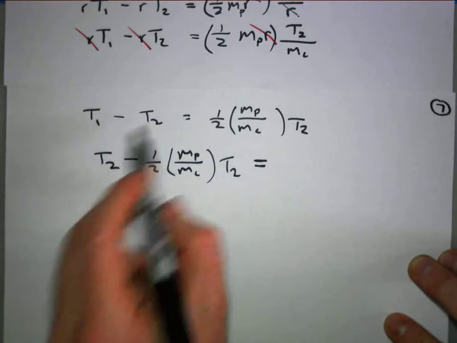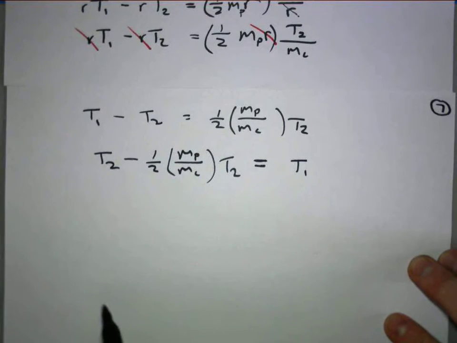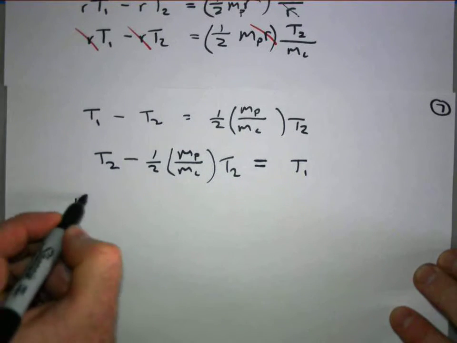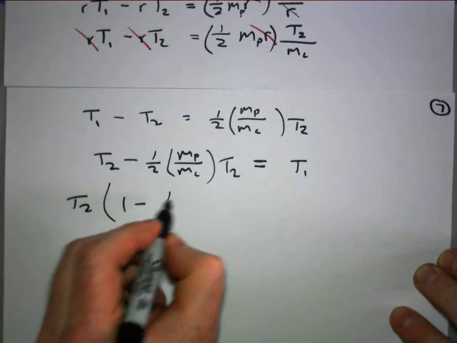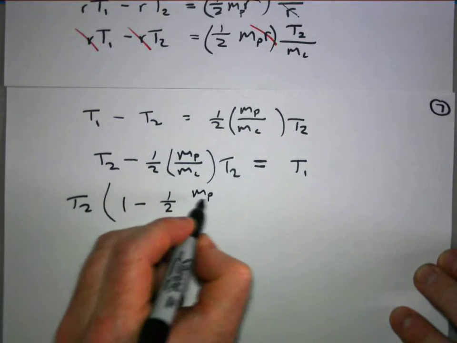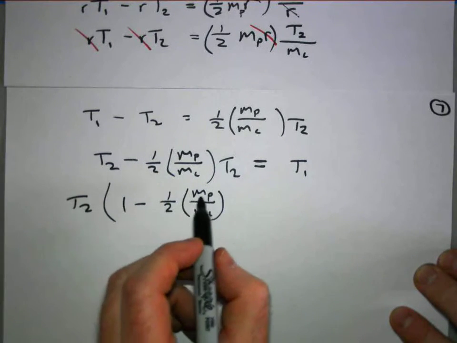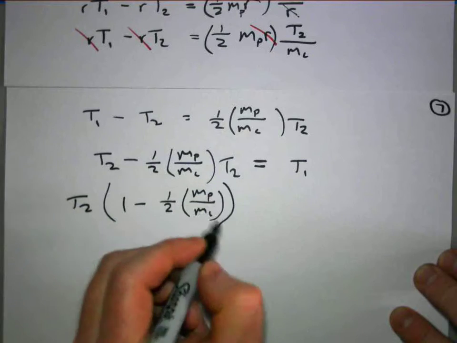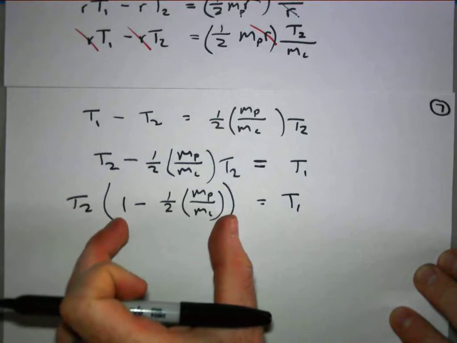Okay, so that changed from a negative to a positive, so that changes over here to a negative, but because I flipped it, it's now positive. And factor out my T2. So that's a 1 minus 1/2, and I get the ratio of the masses. And that factored out of this term. Okay. So dividing both sides by this.